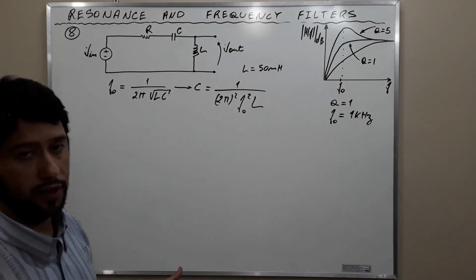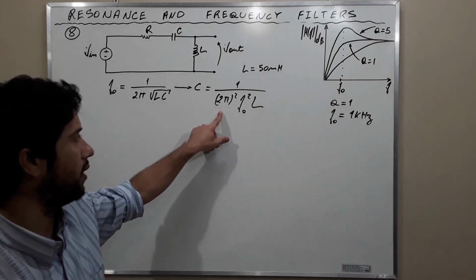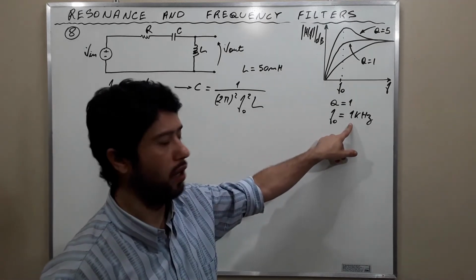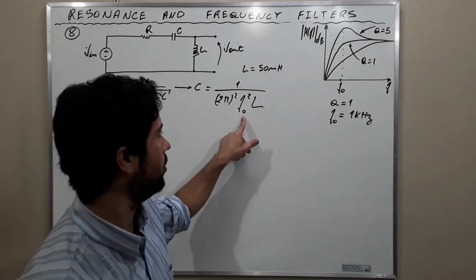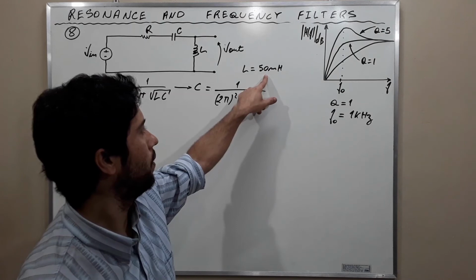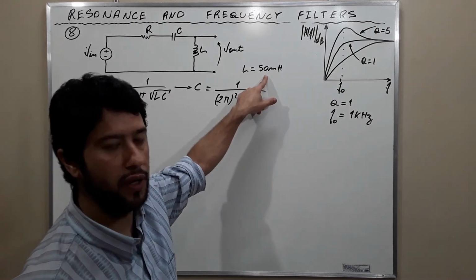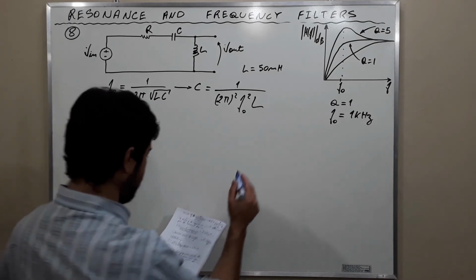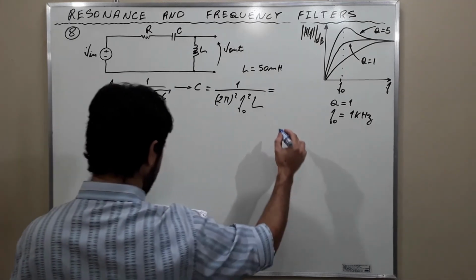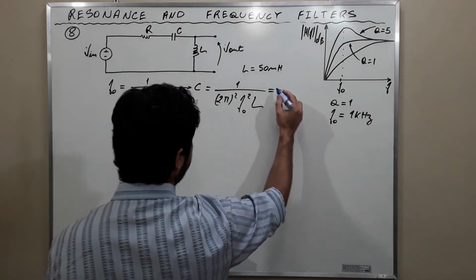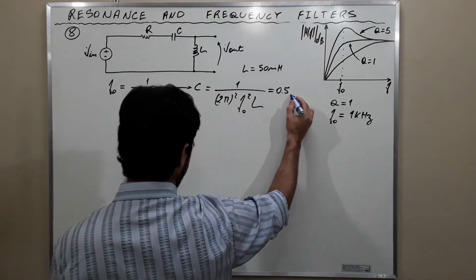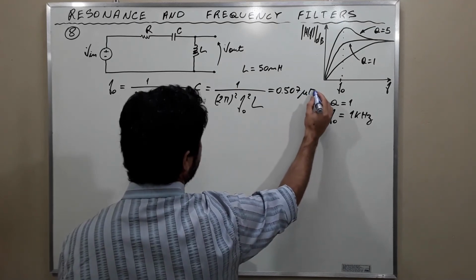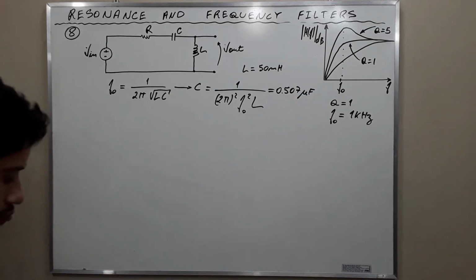You can put it in your calculator, 2 times pi squared times 1 kilohertz squared times 50 millihenry, okay? And if you use the values, you're going to find that the value of the capacitance is 0.507 microfarad.